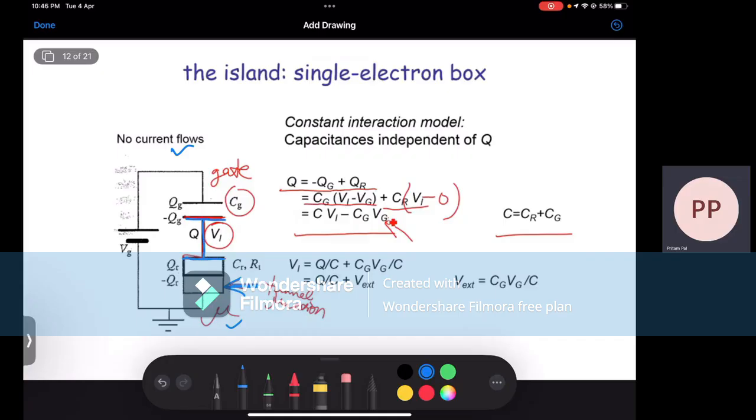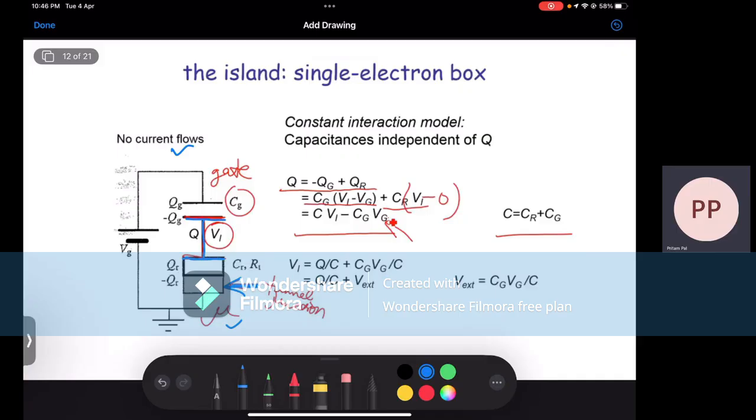We know exactly how to calculate it, that the total charge on the junction is, you have to add a charge from this capacitor which is formed by the island with the gate, and you can model this tunnel barrier as another capacitor.